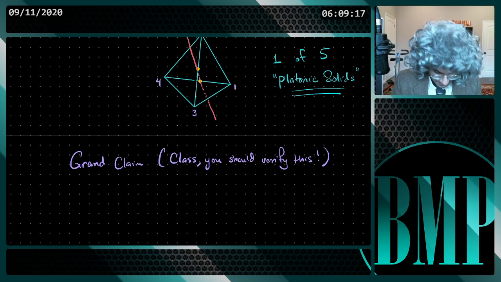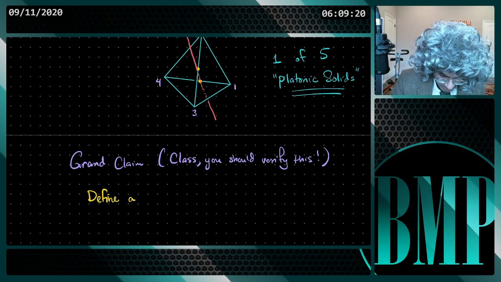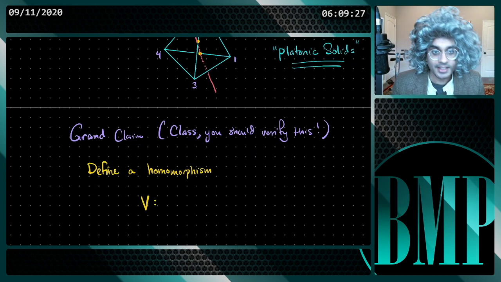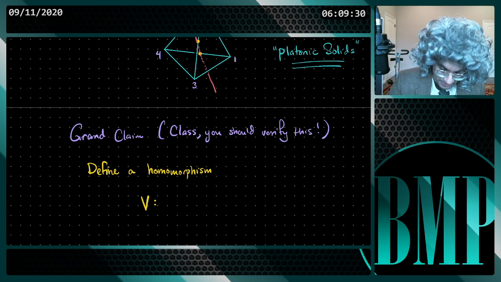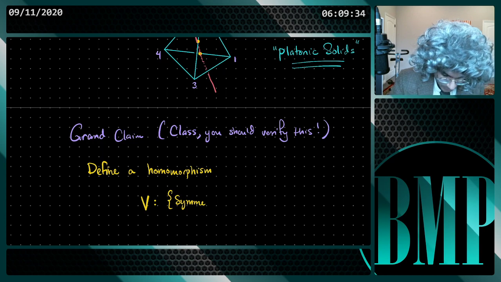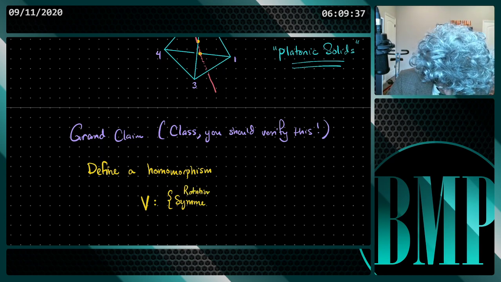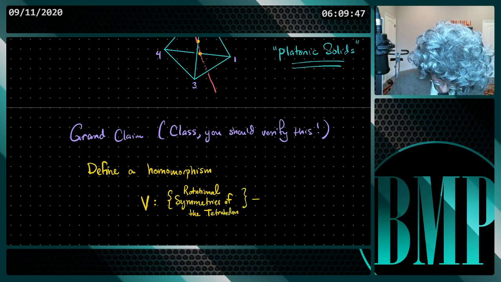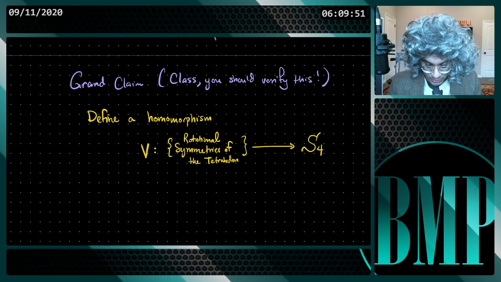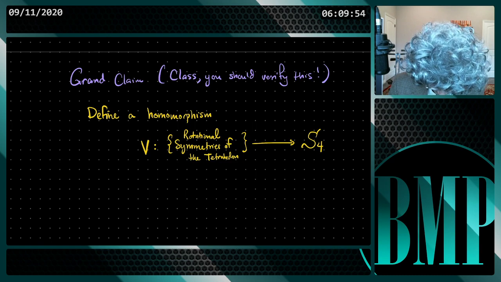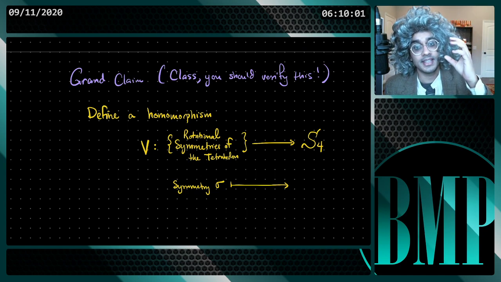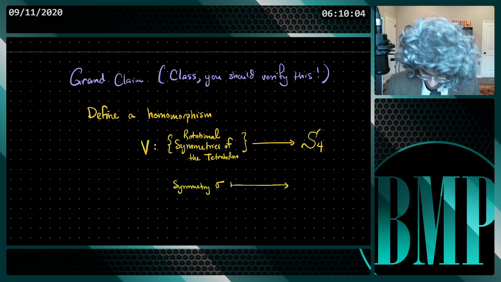And now define a homomorphism V, called vertex, from the rotational symmetries of the tetrahedron to S4 by the rule: send a symmetry to the permutation it induces on the vertices.